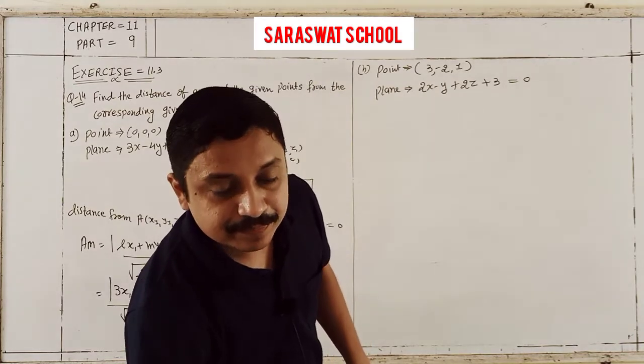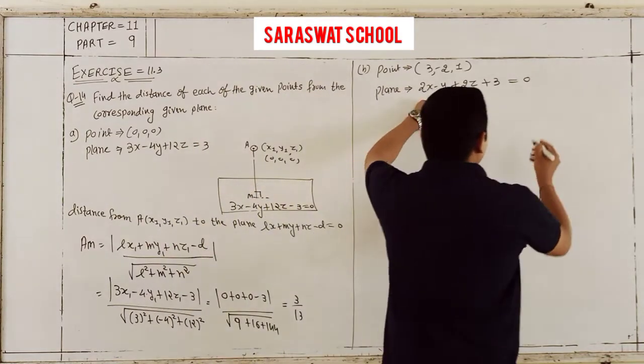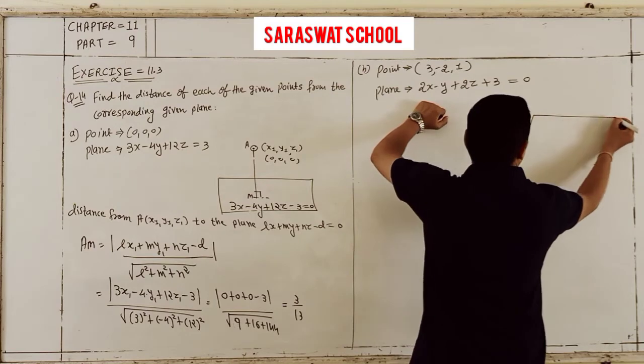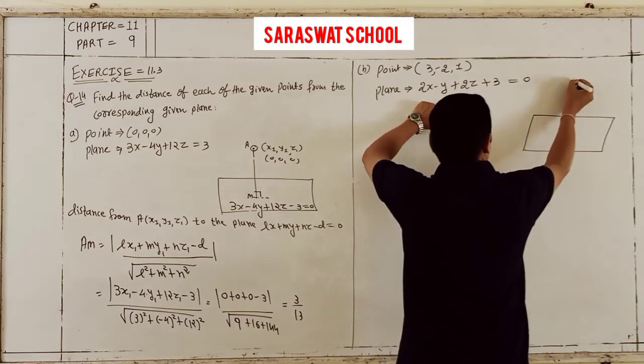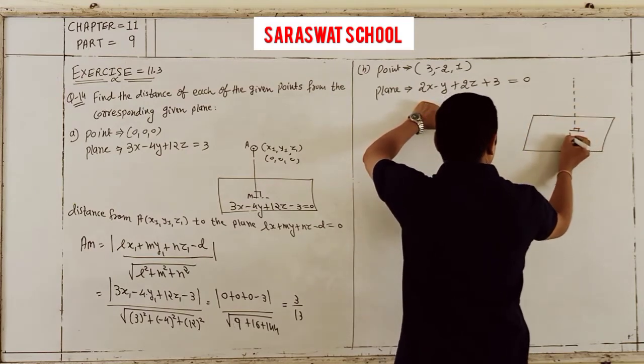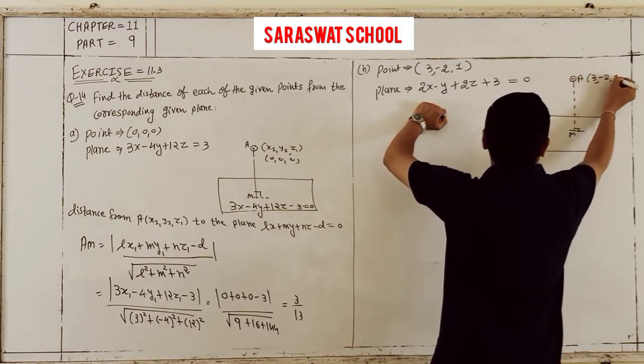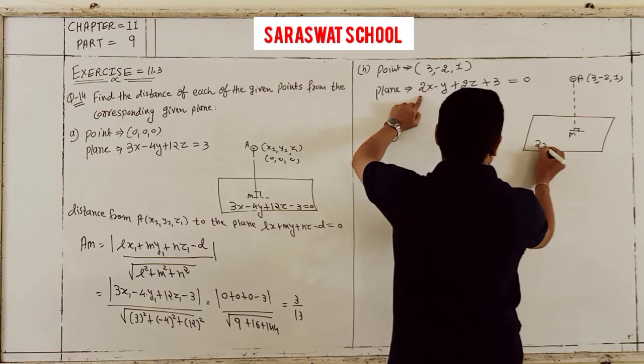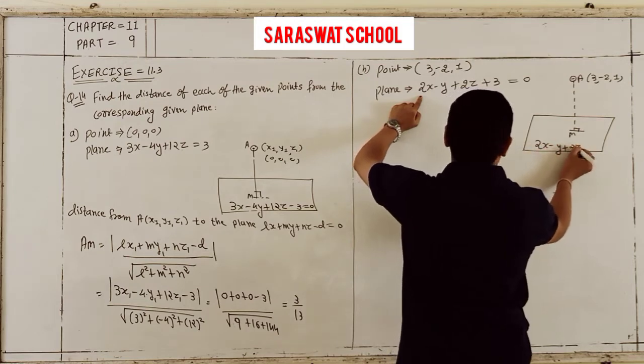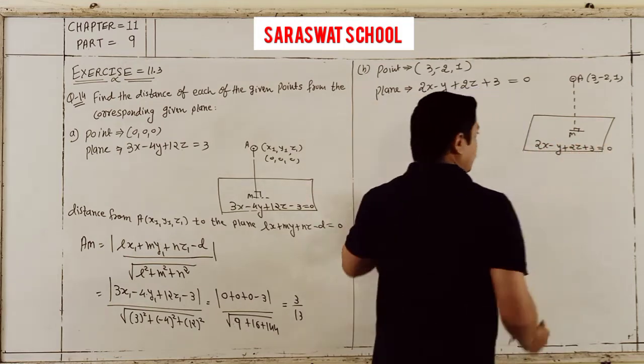Similarly, we also draw a similar figure. That's the plane, and here your distance is A to M. I have A as 3, minus 2, 1, and the plane 2x minus y plus 2z plus 3 equal to 0.